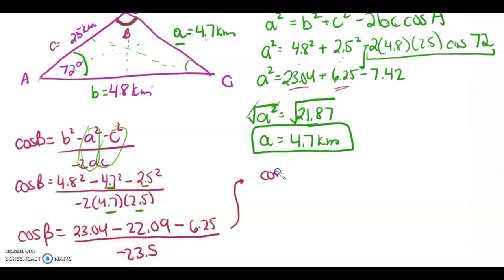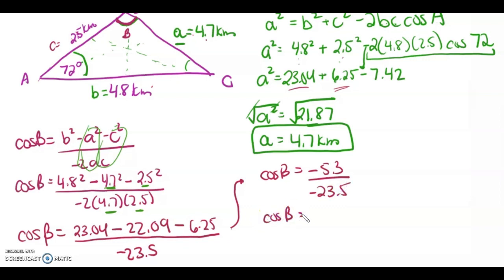All right, so let's do cos B equals, let's calculate the numerator. 23.04 minus 22.09 minus 6.25, which is this expression here, is negative 5.3. We keep negative 23.5 in the denominator.